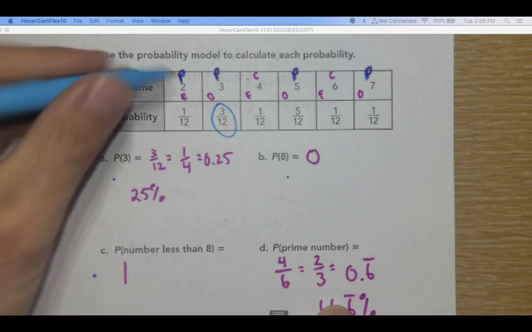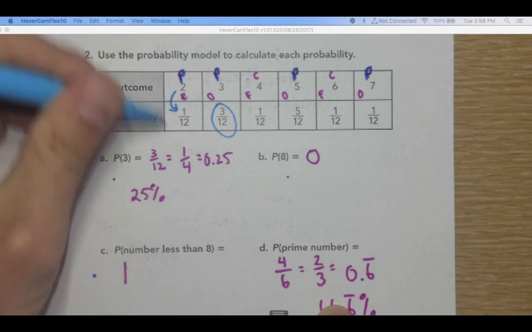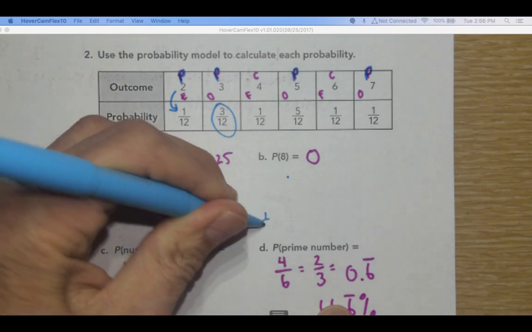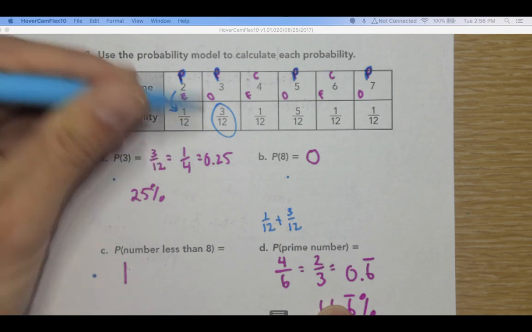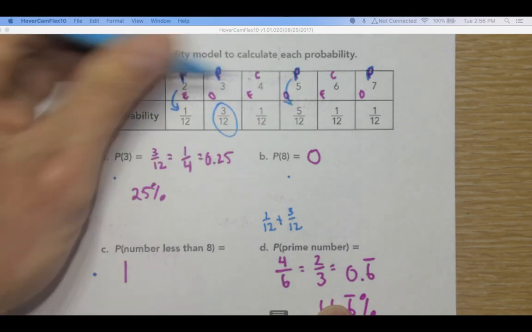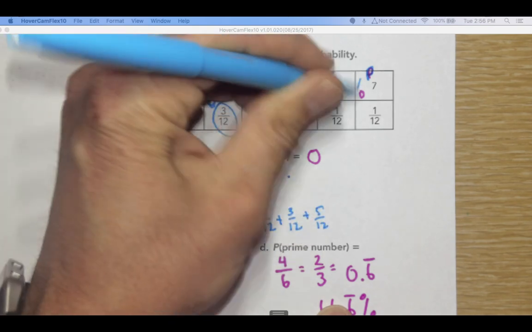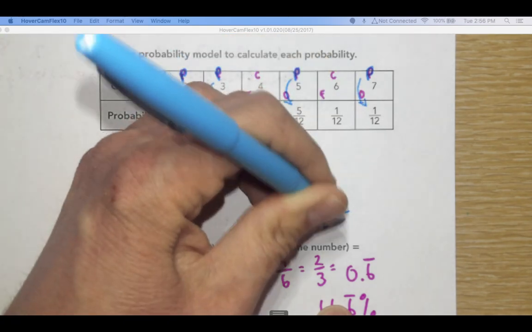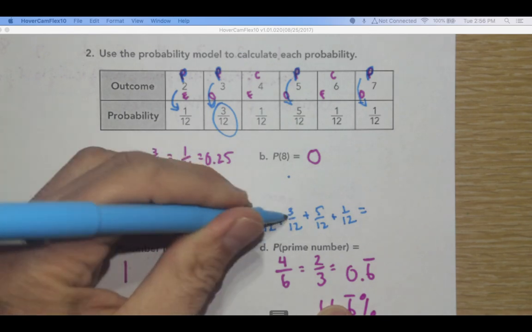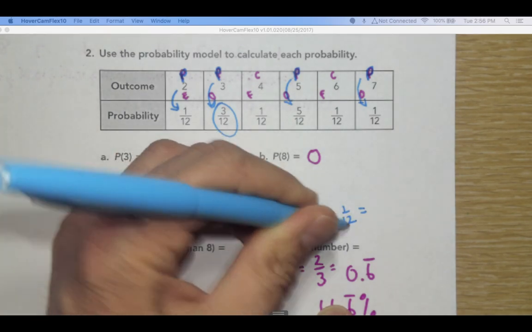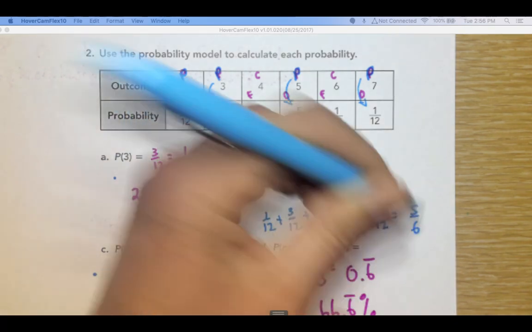So I need to take those probabilities in the experiment. I would say it was 1/12 plus 3/12 plus 5/12 plus 1/12. When I add those together, I get 4/12, 9/12, 10/12, which is the same as 5/6.